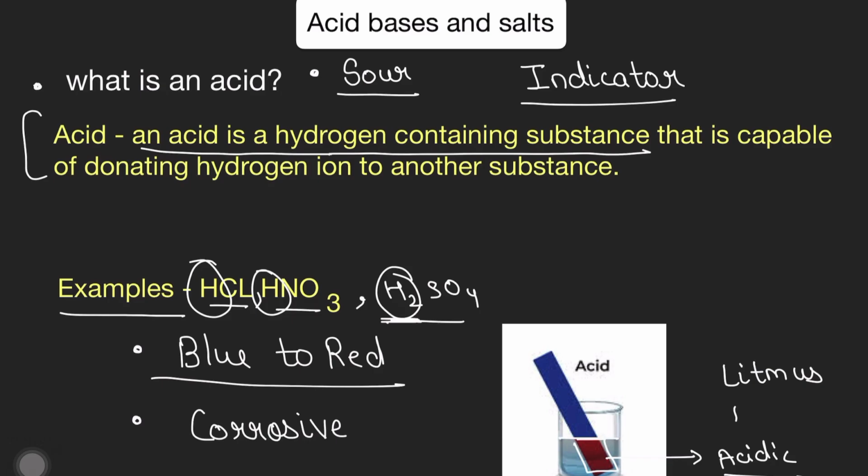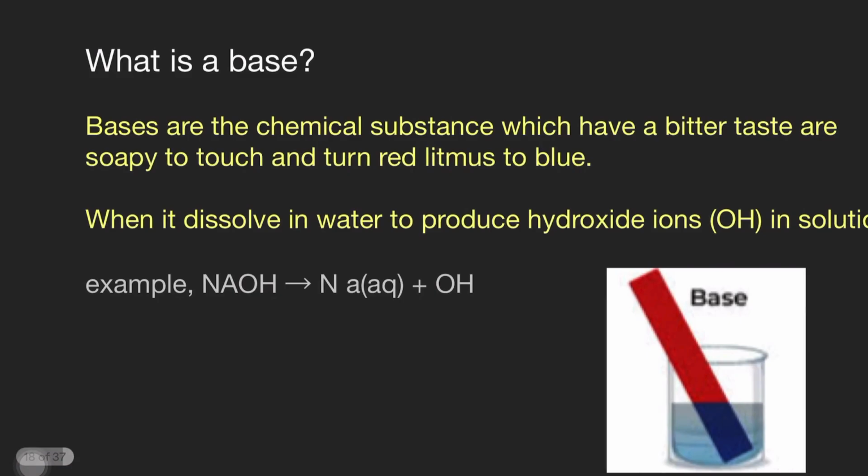So we can write the definition: acids are hydrogen containing substances that are capable of donating hydrogen ions, or protons, or the positively charged ions, to another substance. Now let's discuss the bases.